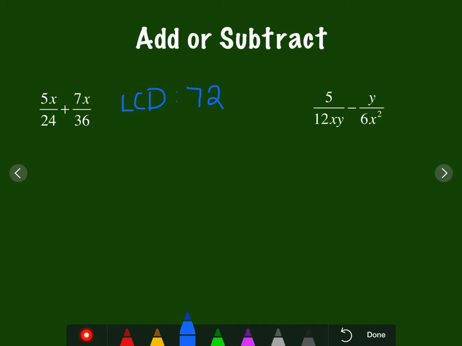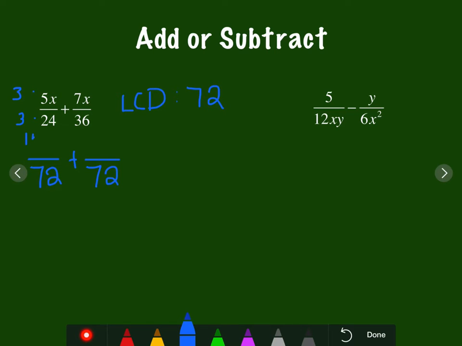So I want to rewrite each of these fractions with that new denominator of 72. So in order to make 24 into 72, I need to multiply it by 3. Now remember, an equivalent fraction is just a fraction that is the same value as another fraction. It just looks different.